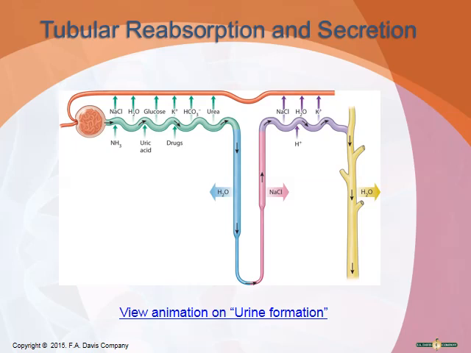So average urine output is anywhere from just under 1,000 to 2,500 mLs, and is influenced by how much we take in. So drinking a lot, we're going to have more dilute urine and increased volume, and a fluid restriction is going to cause a decreased urine output.